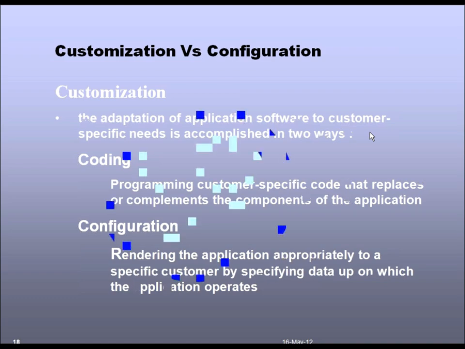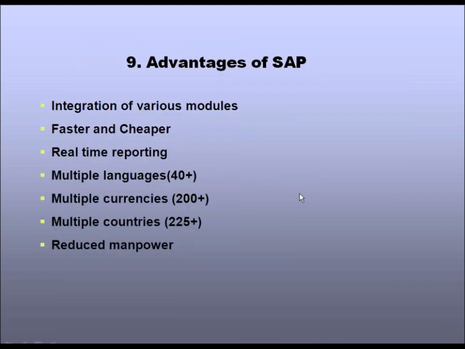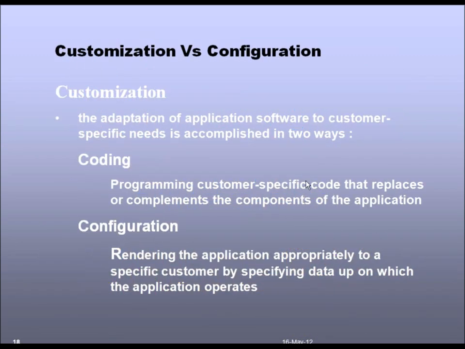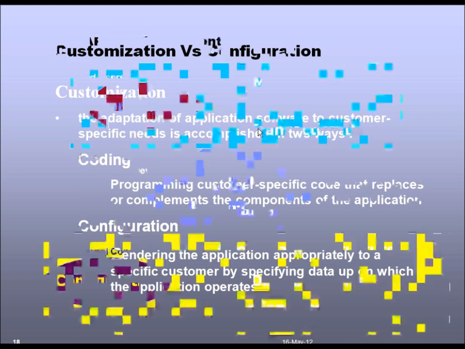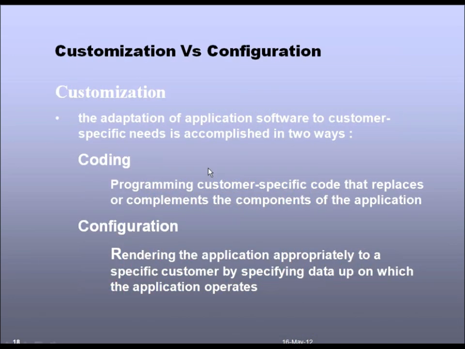Okay, so configuration means what? This is configuration. The yellow strip that you see here below is called configuration. You can do this by configuration or by coding also. Coding means ABAP programming, the middle one. Sometimes it is both also, right?